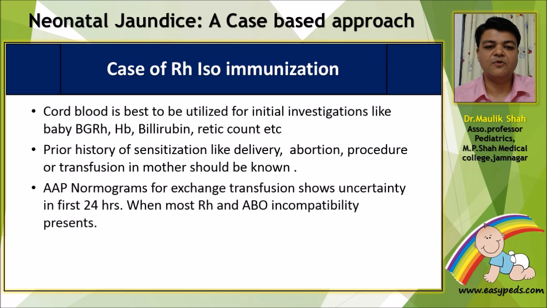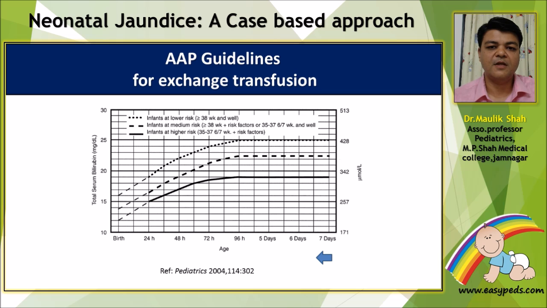AAP nomograms or charts for exchange transfusion show a little uncertainty in the first 24 hours, when most of the Rh and ABO isoimmunizations usually present. So there is a little query while adapting to these AAP nomograms, especially in the first 24 hours.